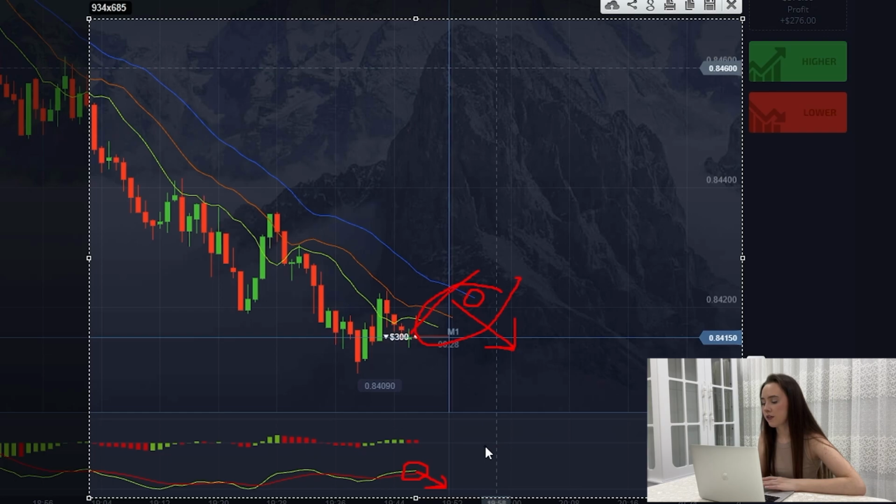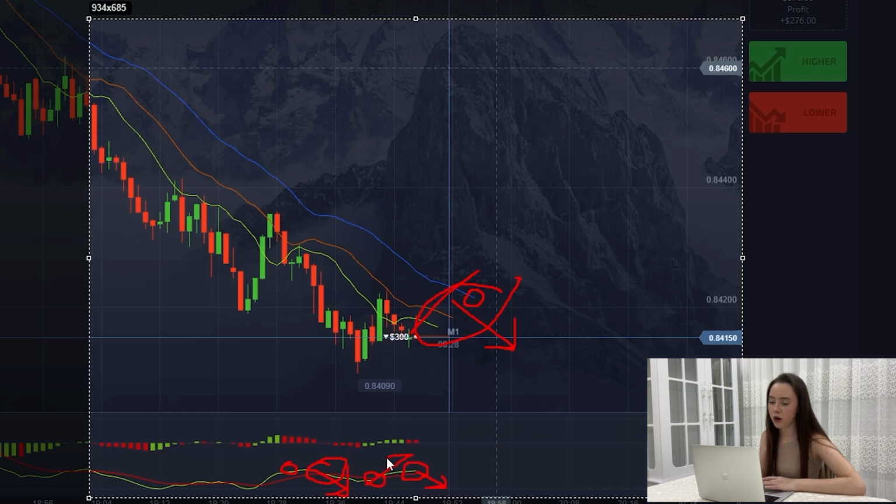According to the obtained value, the MACD line is plotted, the green one. And the main signal that the indicator gives is the intersection of the MACD line and the signal line, that is, the red one. When the main line crosses the signal line from bottom to top, it's a buy signal.